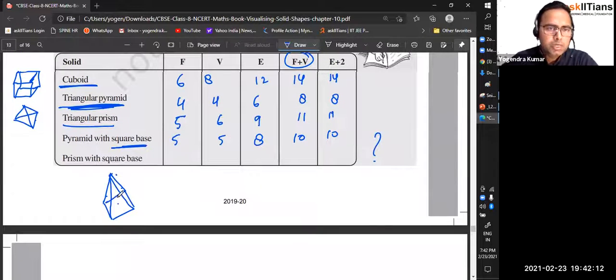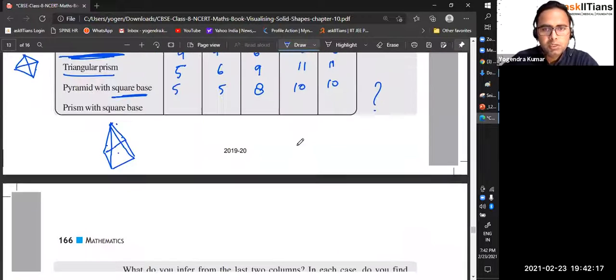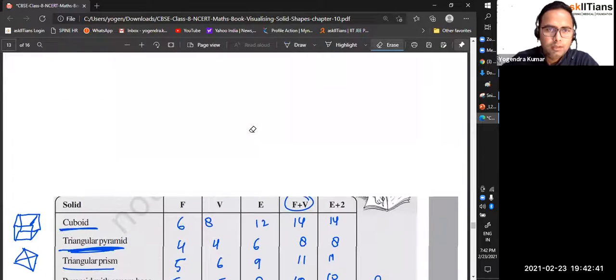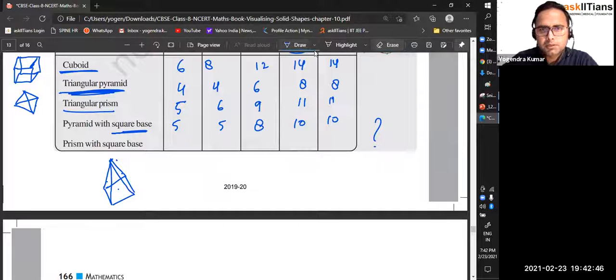Prism with square base, right? Prism which is having square base, right? So what it will be? Square. Okay, assume it to be square. Just observe. I know I didn't make it that proper. My bad. Let me take the help of this one here. I think I can make it this time. Let me try.